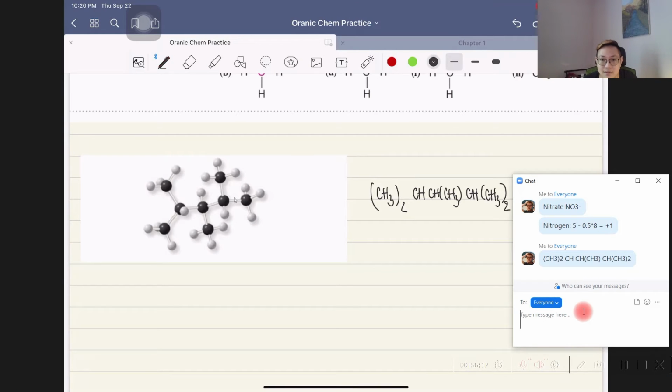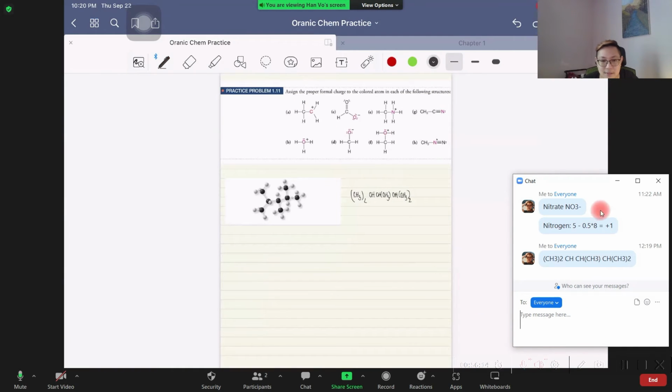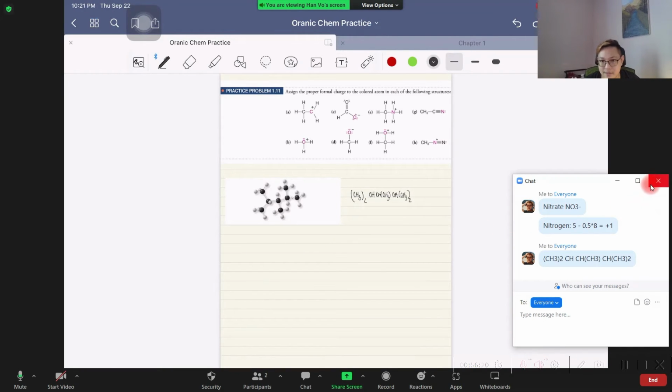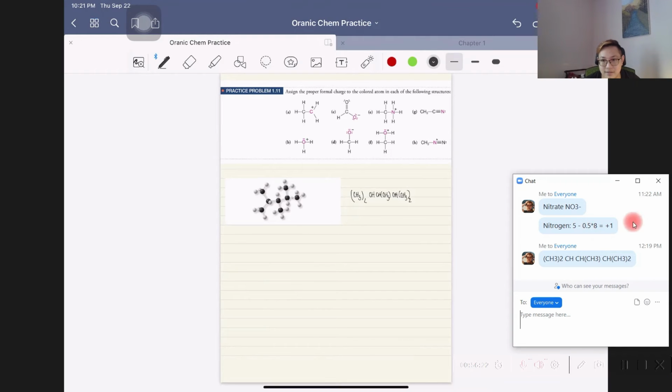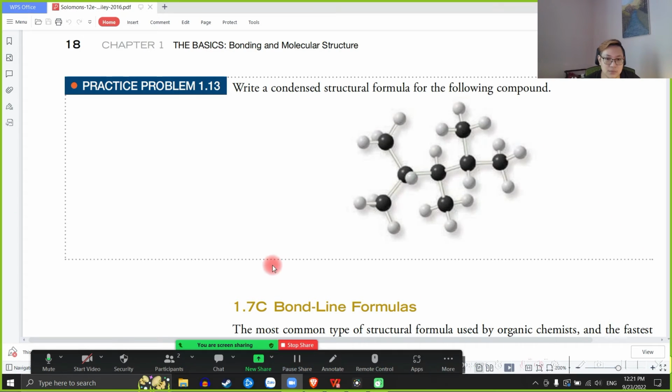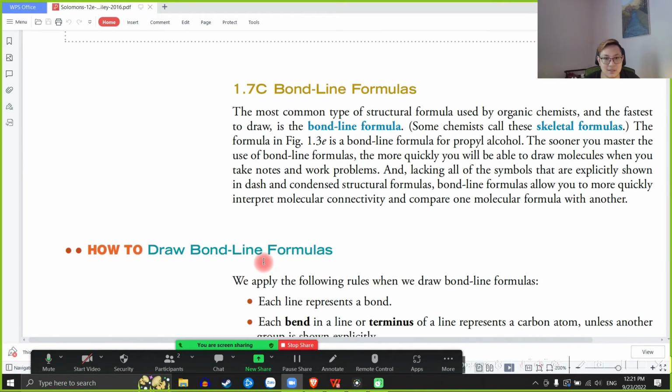I told you one thing about these kinds of condensed structures: it's harder to see. There's a limit to everything, you know. Okay, now continue. Bond line formula.